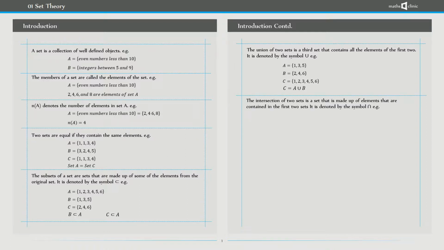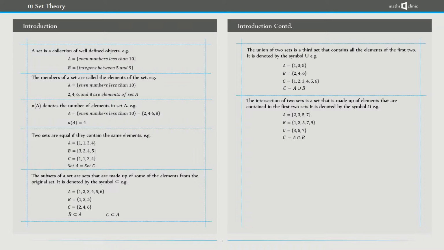So let's talk about the intersection of two sets. The intersection of two sets is a set that is made up of elements that are contained in both sets. It's denoted by the symbol that looks like an N. For example, A is a set that contains 2, 3, 5, and 7, and B is another set that contains 1, 3, 5, 7, and 9. Now, C is a set that contains 3, 5, 7.